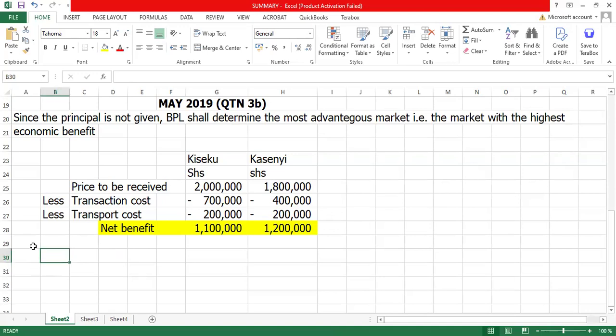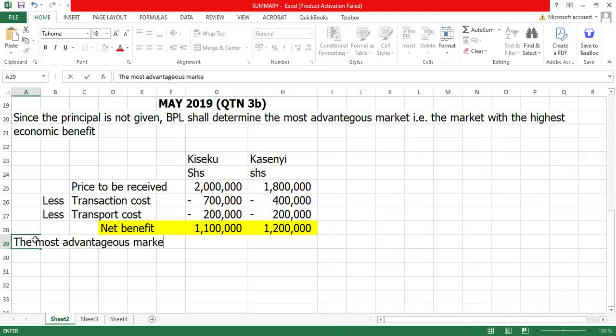So you say that the most advantageous market is Kasenyi market, since it has the highest economic benefit.